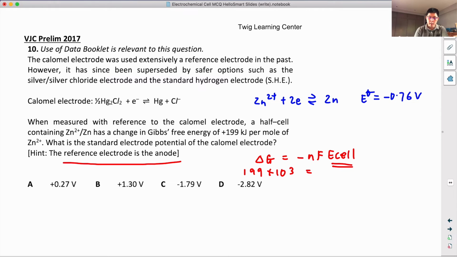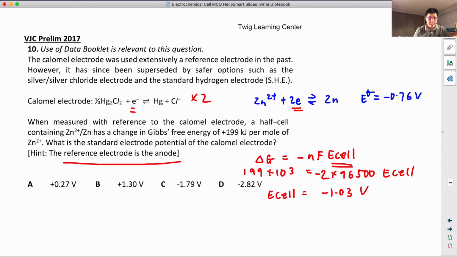Since here is 2e and here is e, I'm going to multiply by 2, and I take the number of moles of electrons transferred as 2. And F is 96500, and then we can calculate my E cell. This is a minus, of course. So what's E cell going to be? If you did your calculation, it would be minus 1.03 volt.